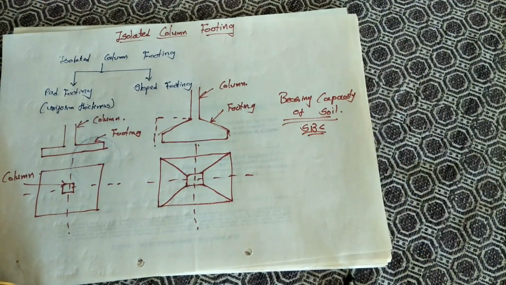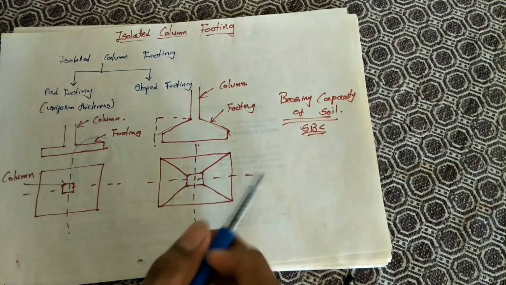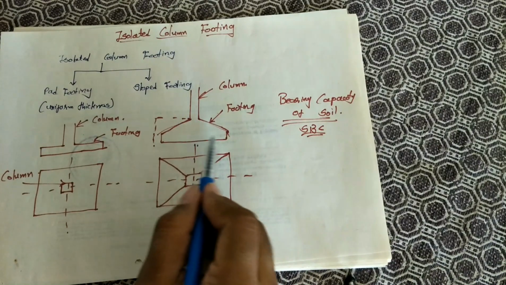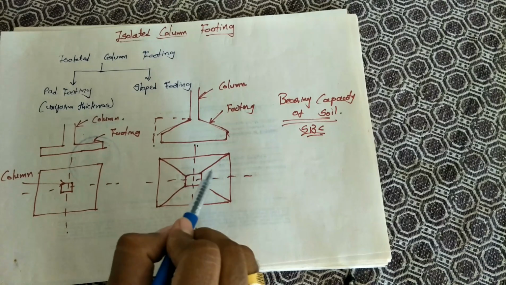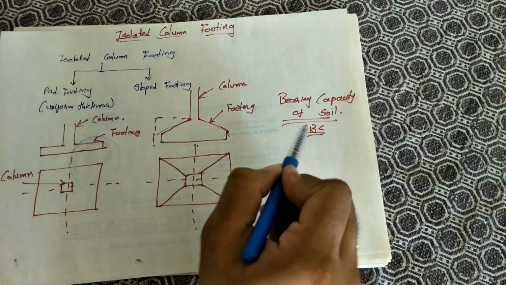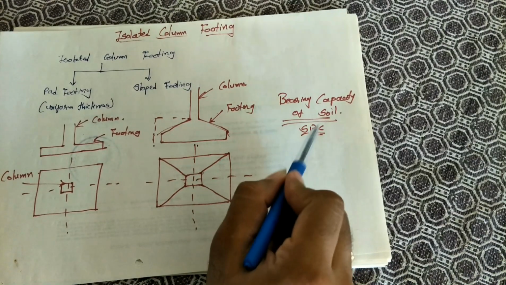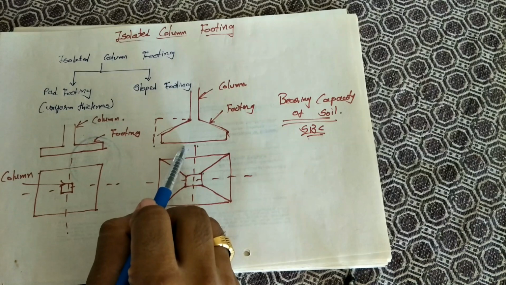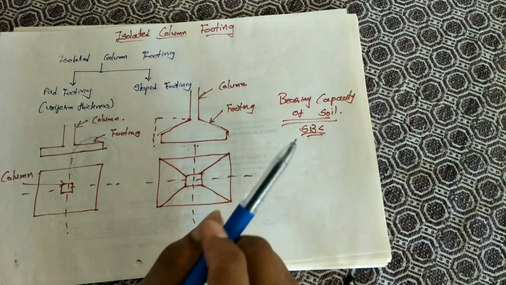The size of the footing depends upon the bearing capacity of the soil. The load on unit area below the footing shall be less than the bearing capacity of the soil, so that the soil bearing capacity is more than the total load acting below your footing, to prevent settlement of the footing.